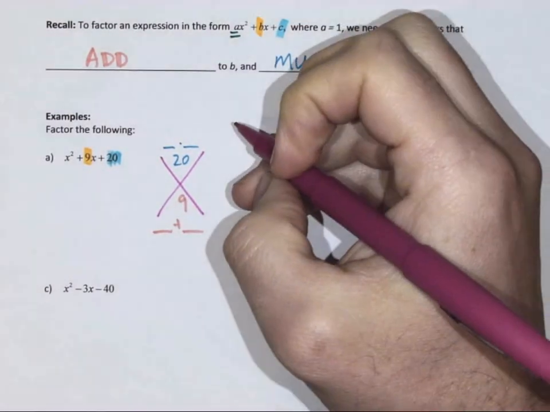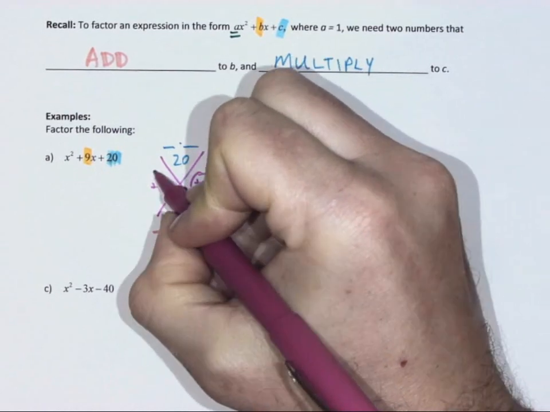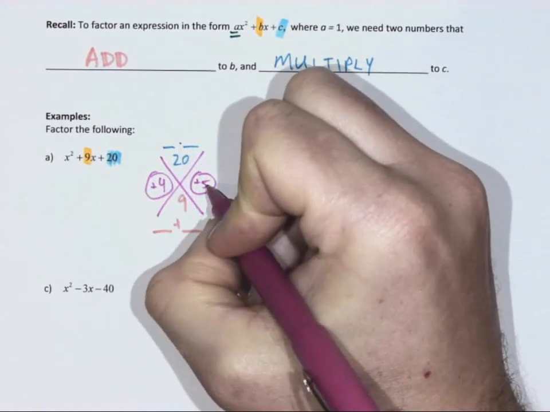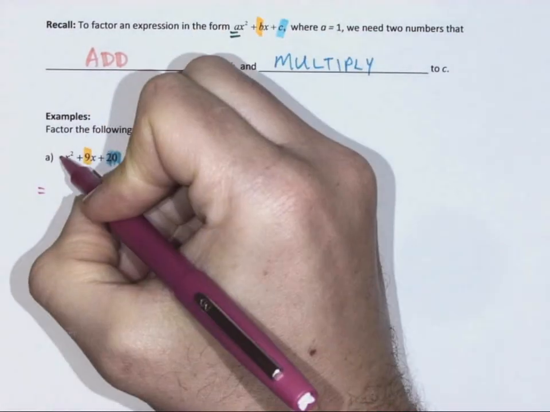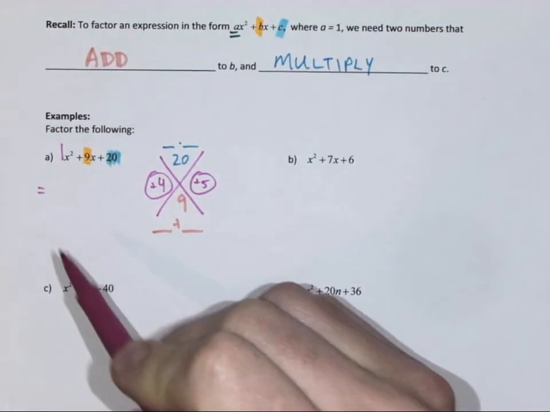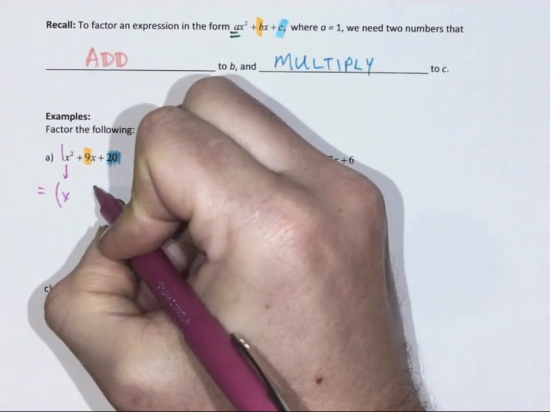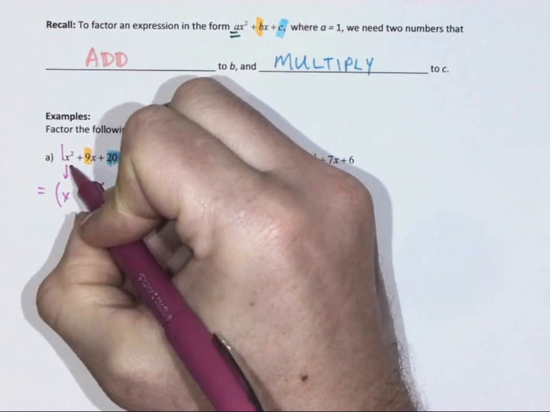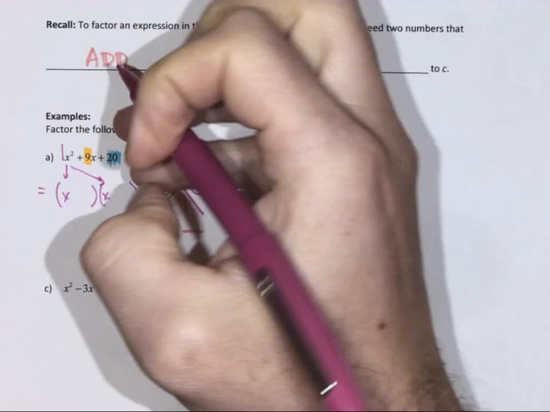When we go through our multiplication, we see that that is positive 4 and positive 5. 4 times 5 is 20, 4 plus 5 is 9. So what we end up doing to factor, because the number in front of the x squared term is 1, that x squared breaks down to be an x in each bracket, and our magic numbers that we found go right in the brackets.